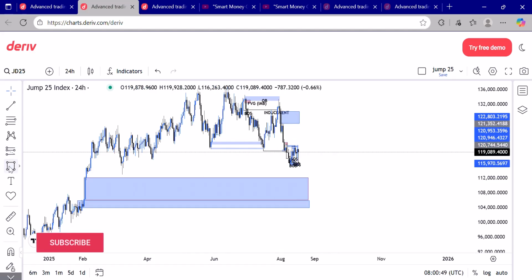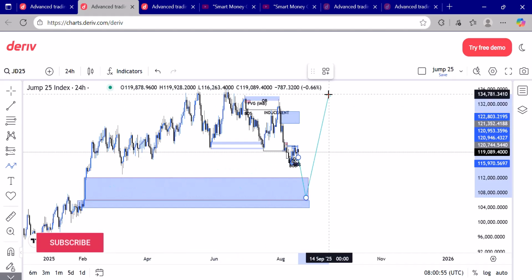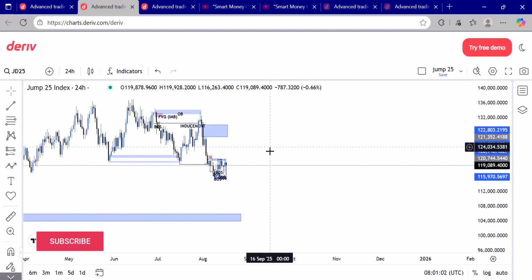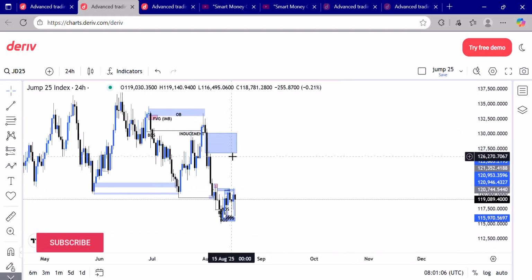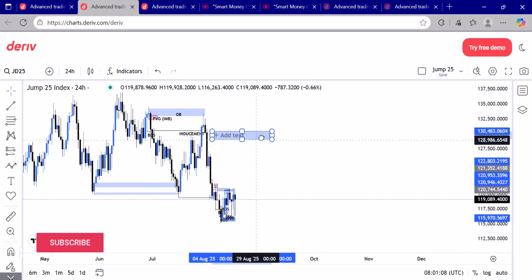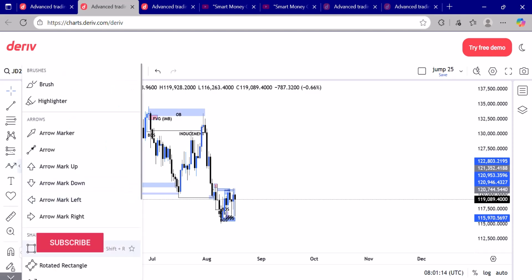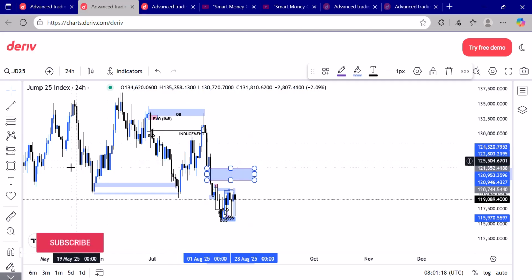Also, up here we are still going to see a big void, and a big void up here, meaning price is also expected to come and fill these voids in the future.